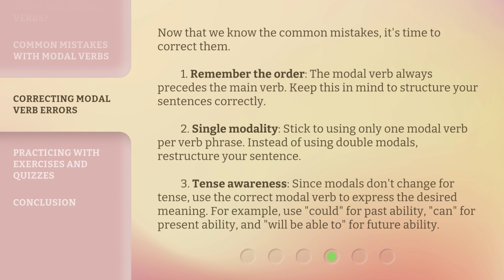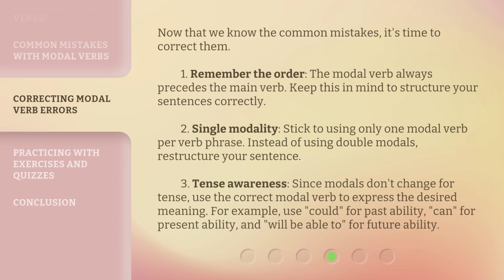Now that we know the common mistakes, it's time to correct them. 1. Remember the order. The modal verb always precedes the main verb. Keep this in mind to structure your sentences correctly. 2. Single modality. Stick to using only one modal verb per verb phrase.